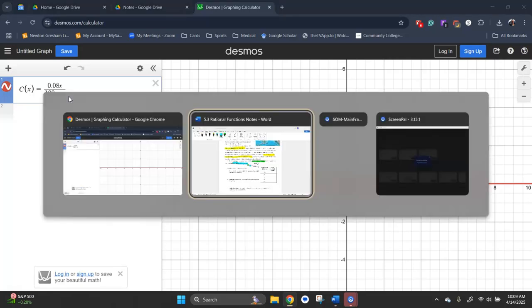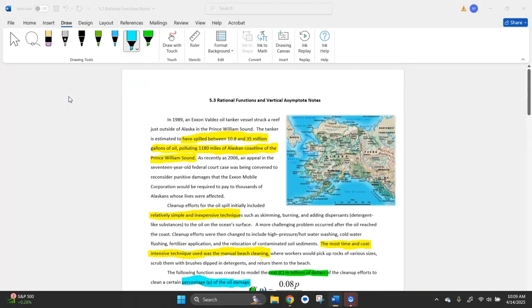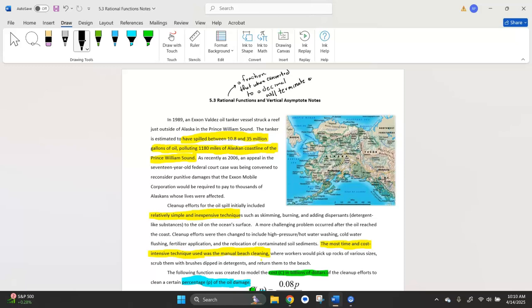Anytime we're working with rational numbers, a rational number by definition is a fraction that, when converted to a decimal, will terminate or repeat.